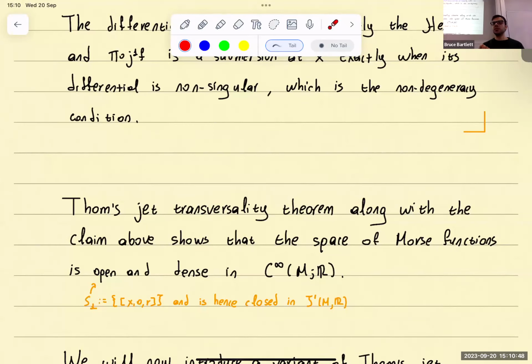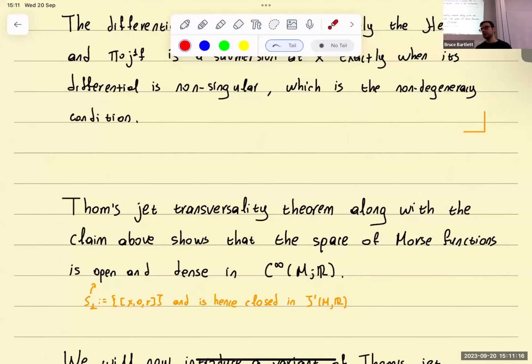If you give me any smooth function, I can perturb it a little bit and get a Morse function in the end. Any smooth function lives very, very close to a Morse function, at least morally. That's what this open and dense condition tells you.